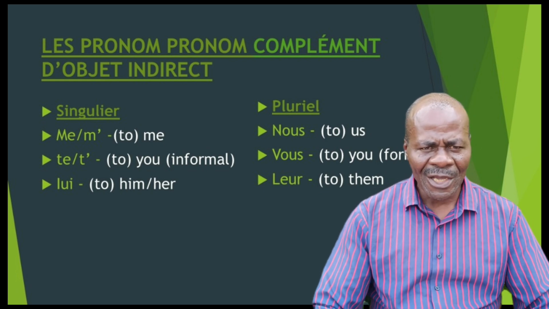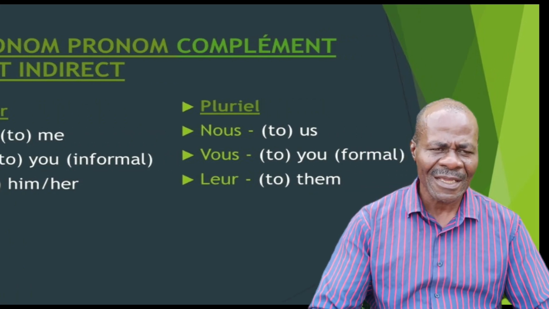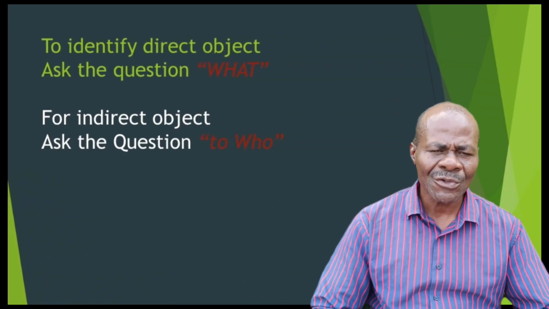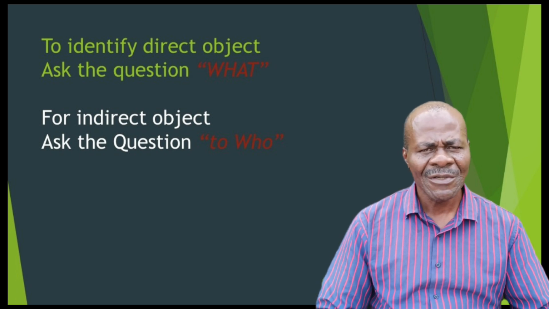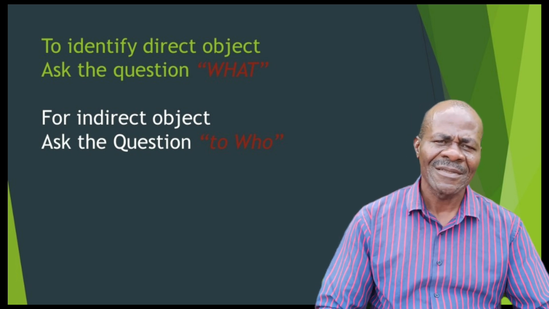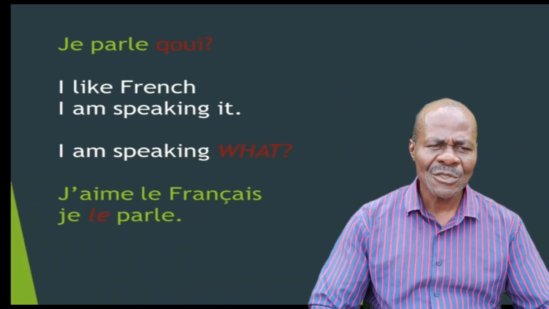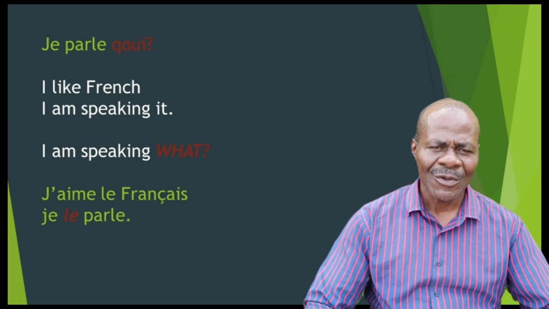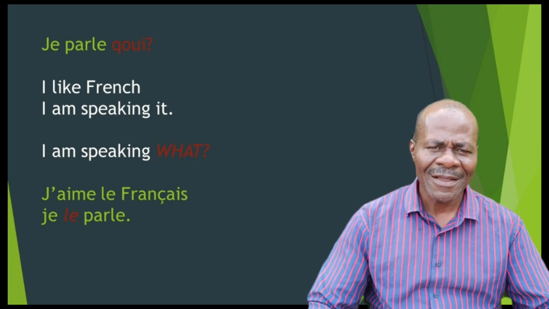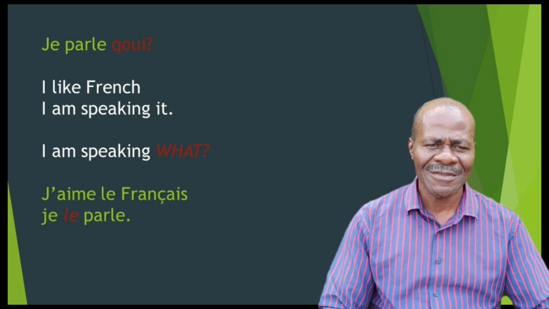Let me remind us again how to know whether a noun is a direct or indirect object. Simple: by using a question word to get the answer. I am speaking what? I'm speaking French. So French is the direct object.